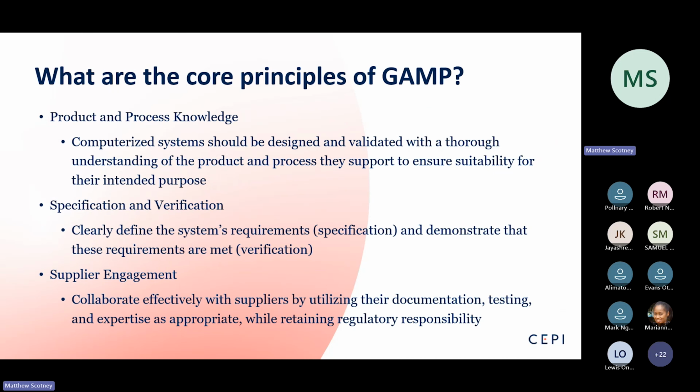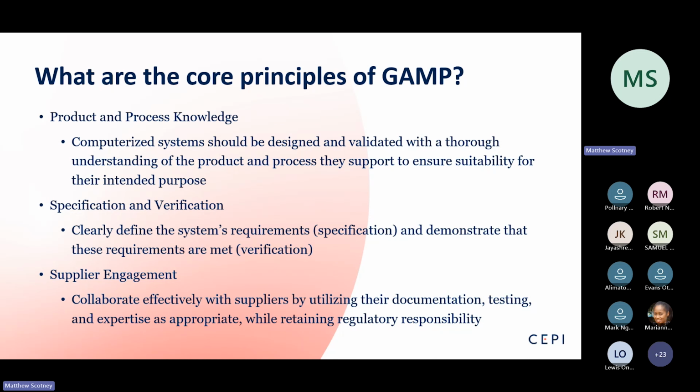If we wanted to summarize GAMP, it's about a 250-page document, but if you wanted to summarize it in just a few slides or in a few words, we'd probably come up with 6 key items. The first one is around product and process knowledge. So in order to validate a computerized system, we need to make sure that it's been designed appropriately and we understand what it's actually being used for.